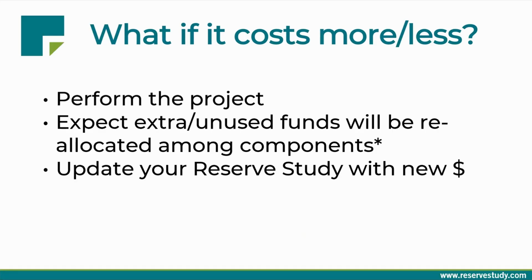In reality, some projects will be more expensive or less expensive than expected. If it's less expensive, the money will be used for other reserve projects. If it's more expensive, the money will come from other reserve projects. Again, just talk to your reserve study provider and make sure you update your reserve study with this new information, making your reserve study better each time and your reserve planning more accurate for future years.